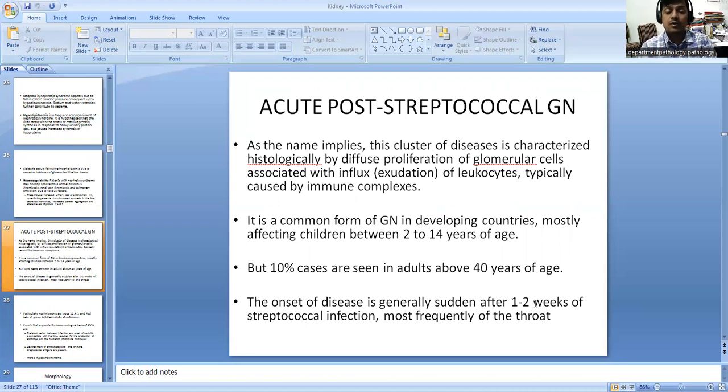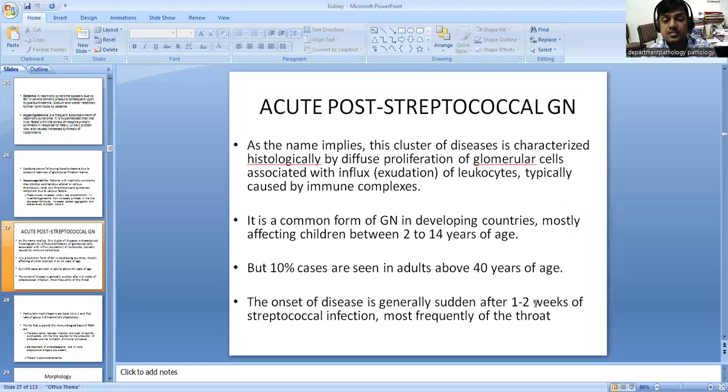It is the common form of acute glomerulonephritis in developing countries, mostly affecting children between 2 to 14 years of age. But 10% of cases are seen in adults above 40 years of age.